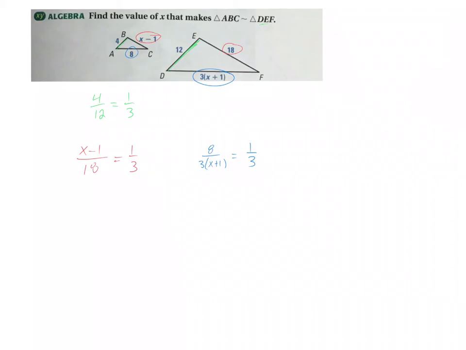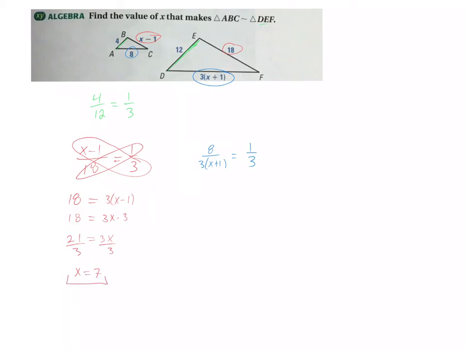So let's see if I can solve this with cross product. 1 times 18 is 18. 3 times x minus 1 is going to be 3 times x minus 1. So 18 is going to be 3x minus 3. Adding 3 to both sides is going to give me 21 is equal to 3x. Dividing both sides by 3 gives me x is equal to 7.